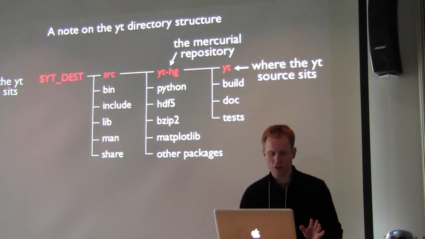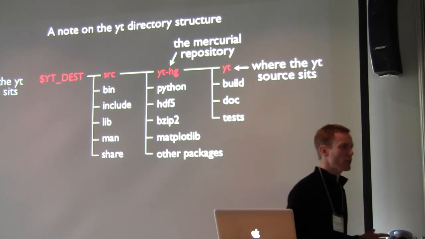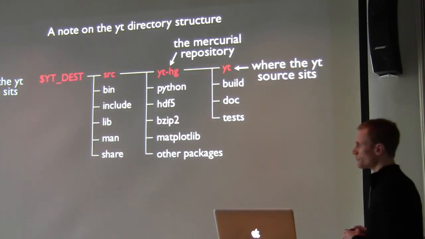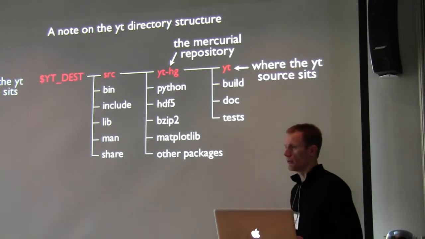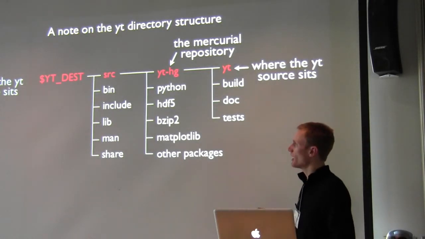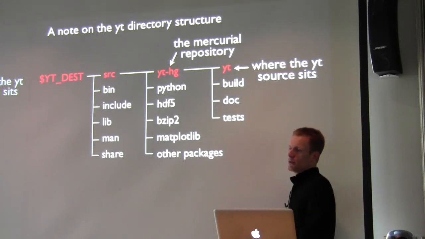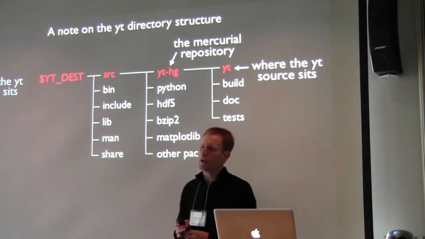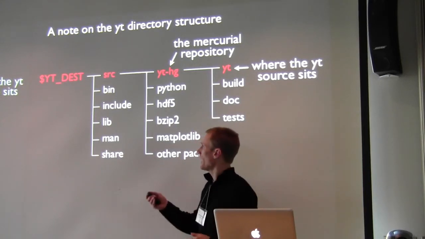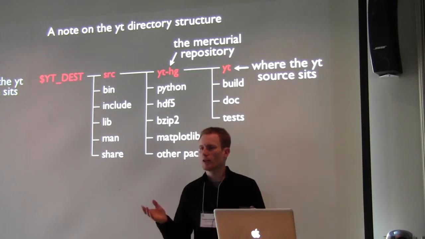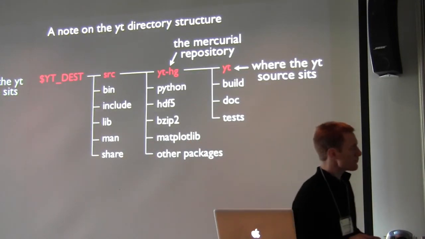Now I'm going to take a brief aside to talk about the YT source hierarchy. Everybody has an environment variable called YT_DEST that's defined by your shell. It was defined when you installed YT, and it probably points to wherever you installed it, like home/Stephen/source/YT-i386 or YT-x86, something like that.